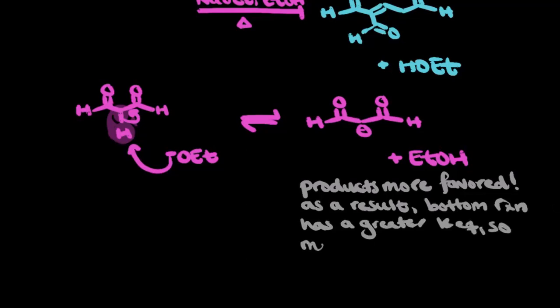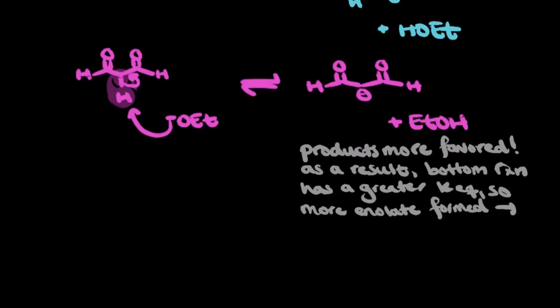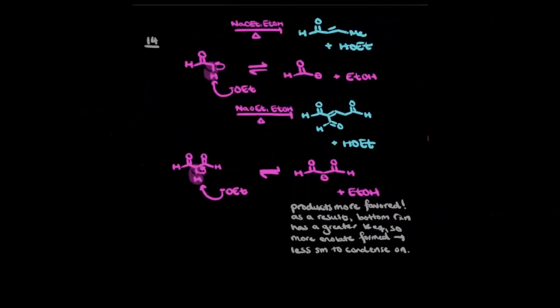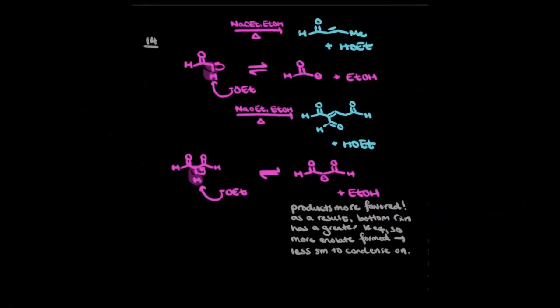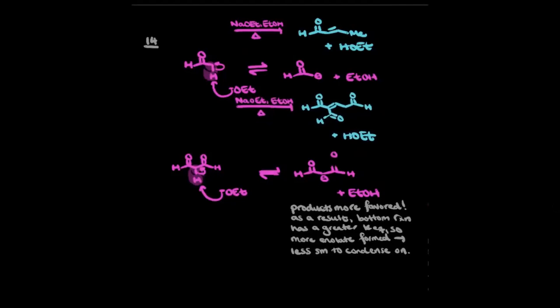So more enolate can be formed, which means that you have less starting material to condense on. Cool. So let me put these closer together so you guys can see.